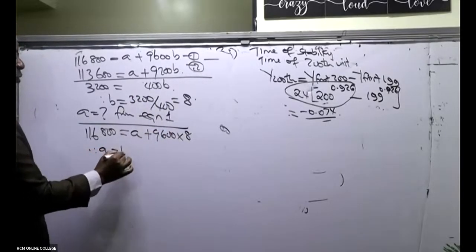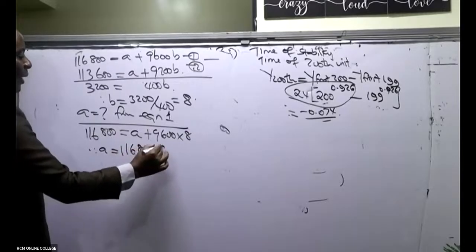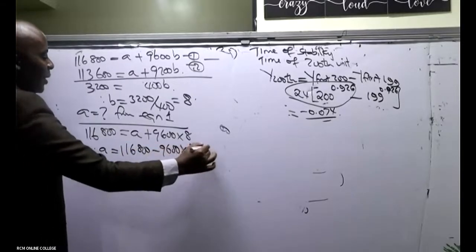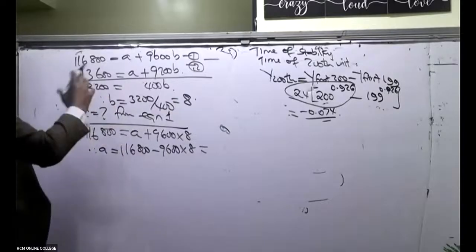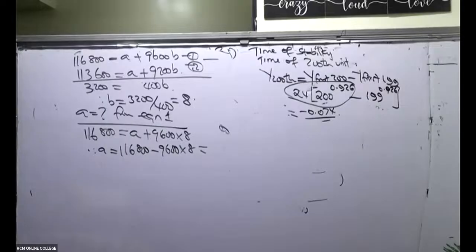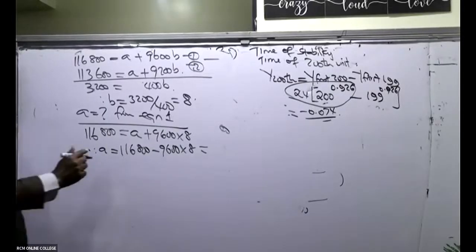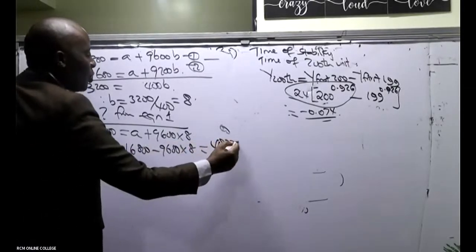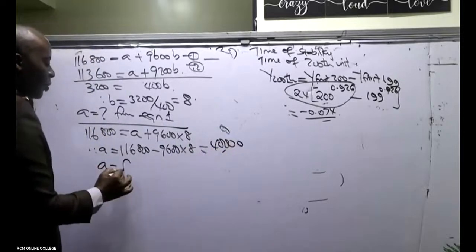Therefore, A would be 116,800 minus 9,600 times 8, because when this crosses over, it becomes a minus. So then my A will be equal to, Juliana tell me, 40,000. A is 40,000.